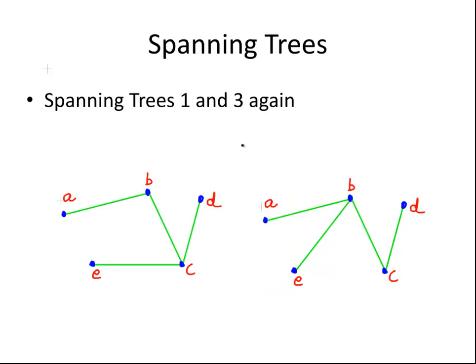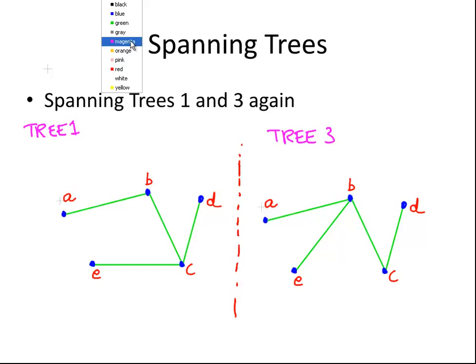This is tree 1 on this side. And this is tree 3. Now, what we're going to do is try and see is there any connection between the two. So this is degree 3 down here, C, and this is degree 3 here.